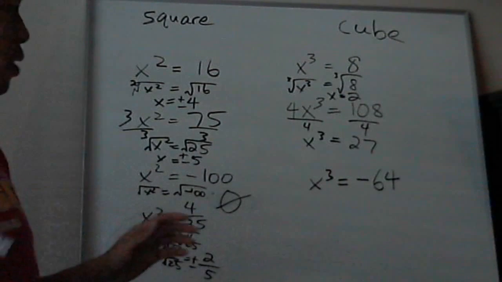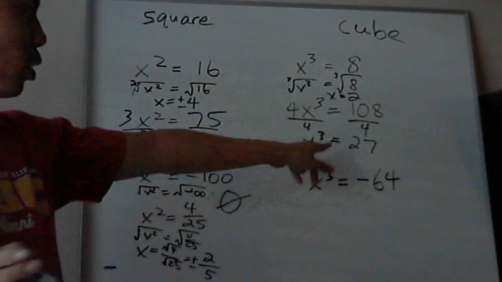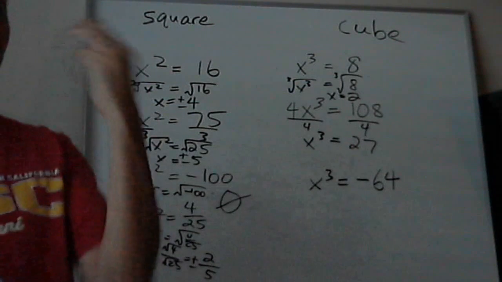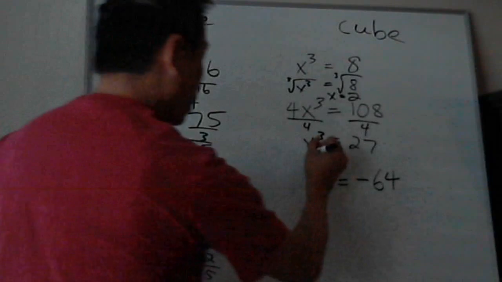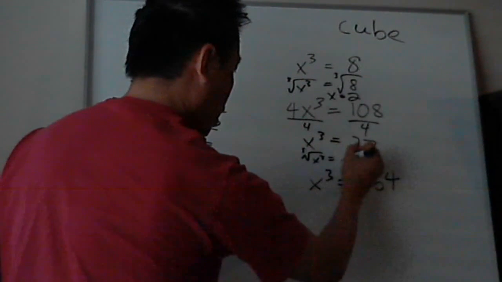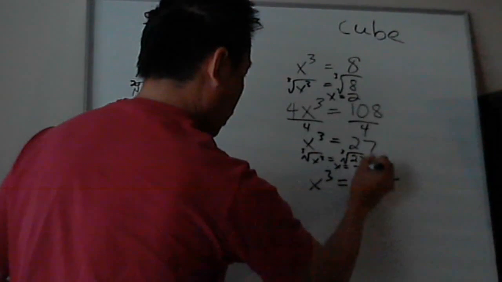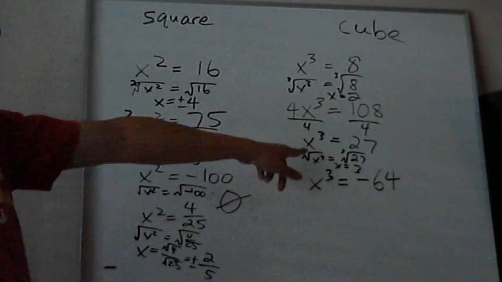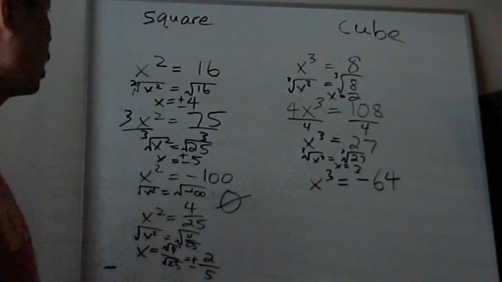And you're going to see another familiar kind of cube that you should know. 2 cubed is 8. What cube do you think is 27? 3 cubed, okay? So you know the cube root of 27 is going to be 3. So x is equal to 3, okay? So cube root of 27 is 3, okay? So the answer is 3 to this problem.